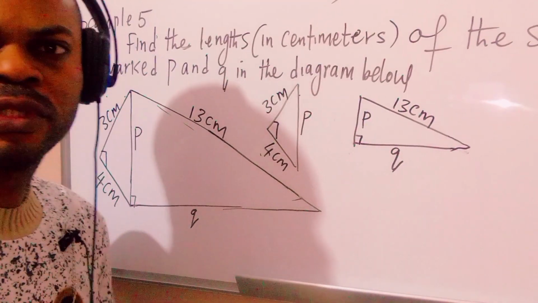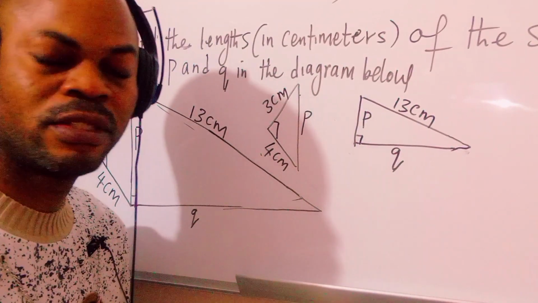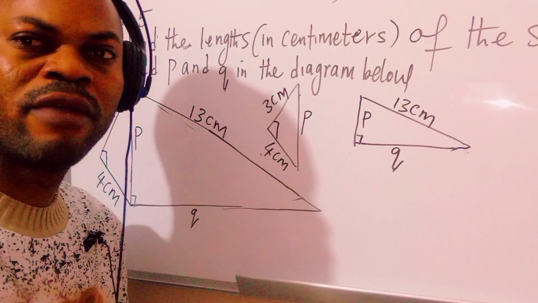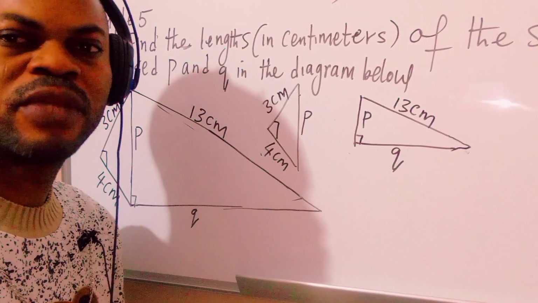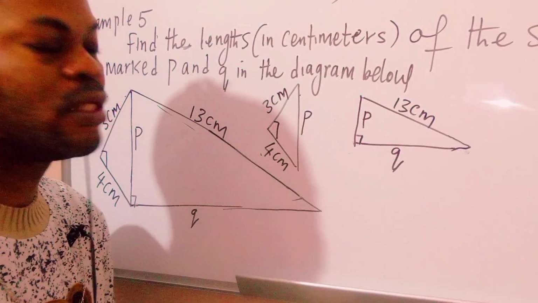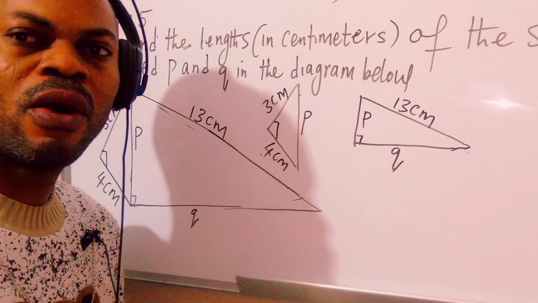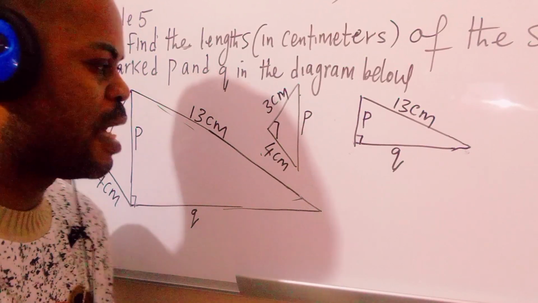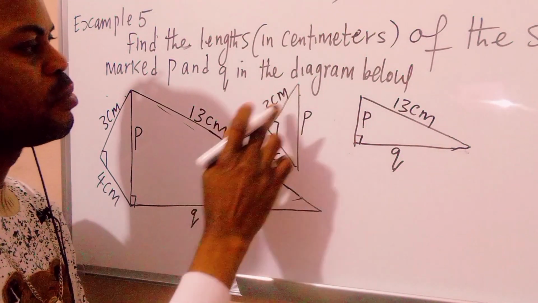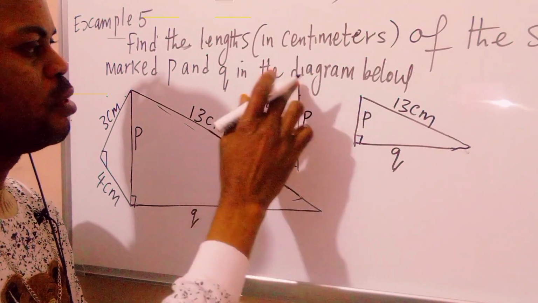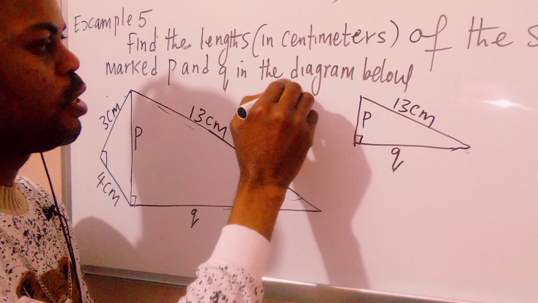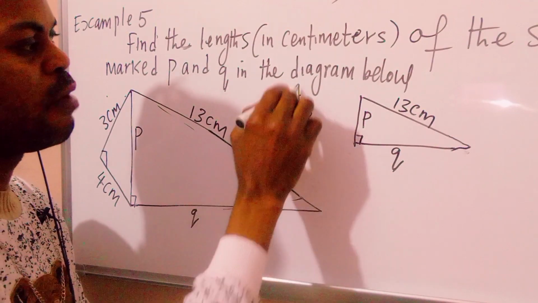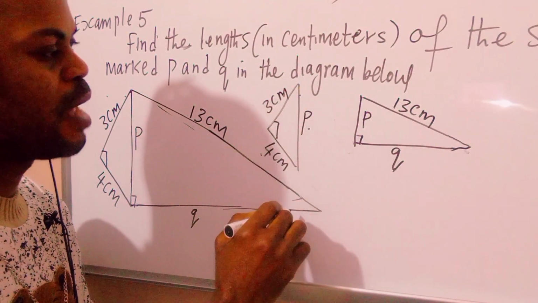Let me remind you once again that Pythagoras theorem states that the square of the longest side of a right angle triangle is equal to the sum of the squares of the opposite and the adjacent. So on this very triangle, P happens to be the longest side, in other words called the hypotenuse.